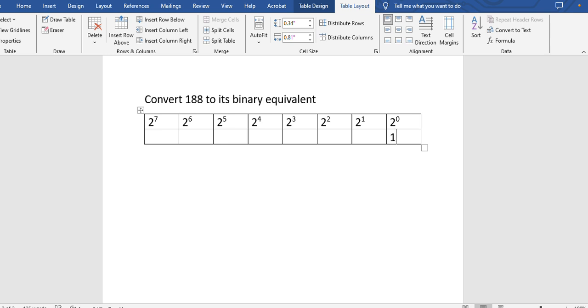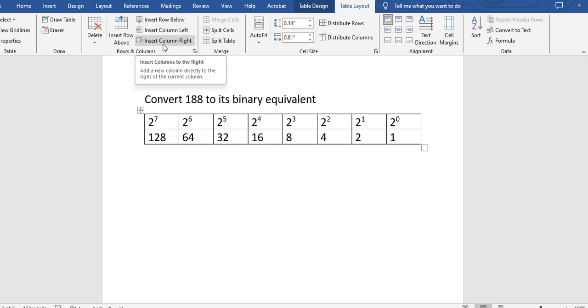So you write those powers like that, then you can simplify the powers of 2. 2 raised to power 0 is 1. 2 raised to power 1 is 2. 2 raised to power 2 is 4. This is 8.